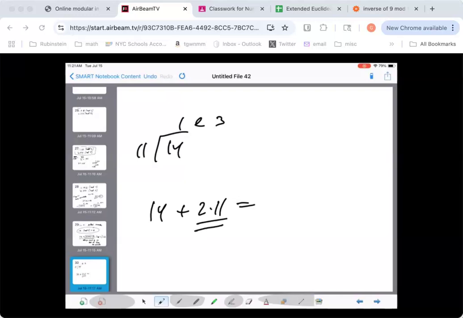If you add together something that has remainder 3 with something that has remainder 0, the answer will still have remainder 3. So adding on 11s won't change the remainder when you divide by 11. That works. We can be confident about that.